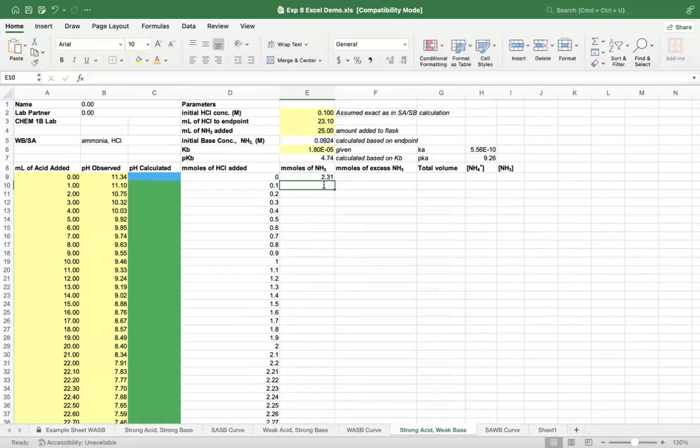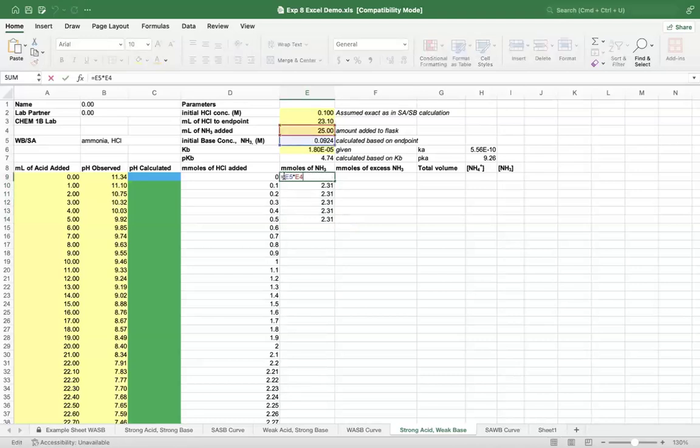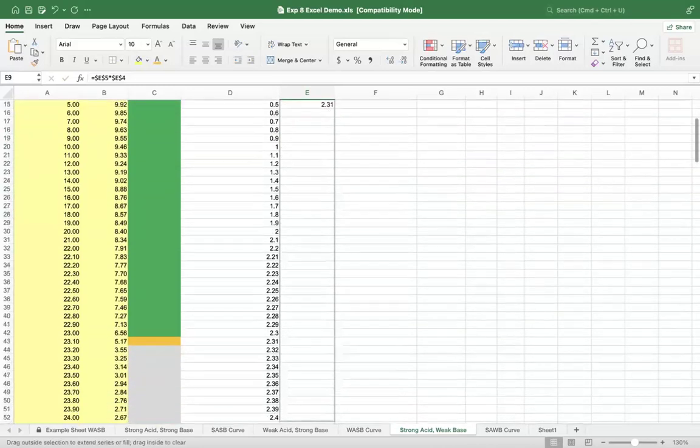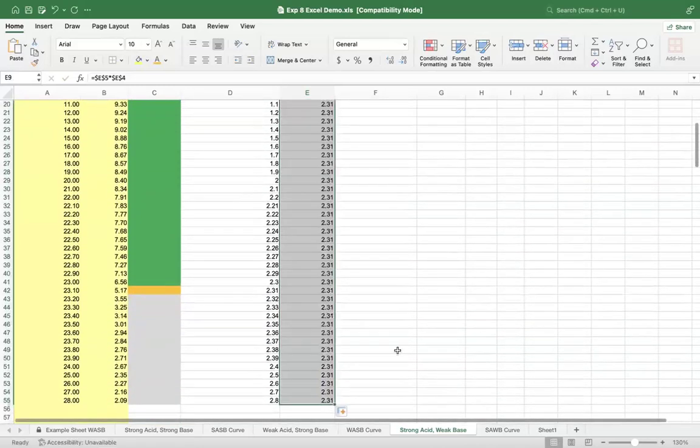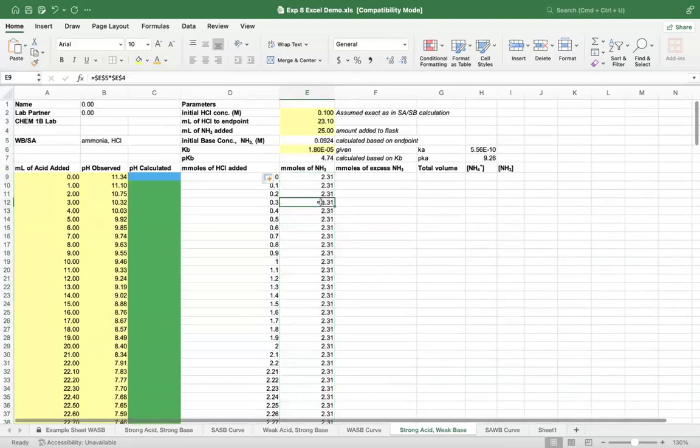I was going to say we can just go like 2.31 and just drag that down, but just in case I don't have all the decimals showing, I'm going to go back in here to my first equation and just absolute reference these. That way, I just make sure that every one of these cells has the exact same number in it. I would hate to have rounded it when it didn't call for rounding.